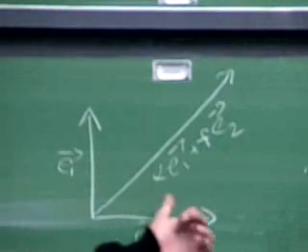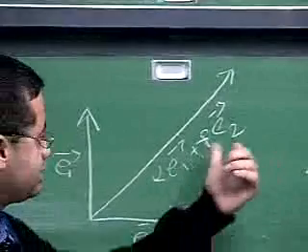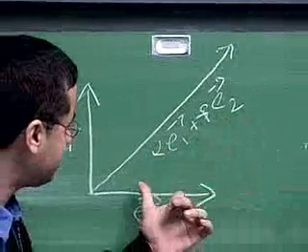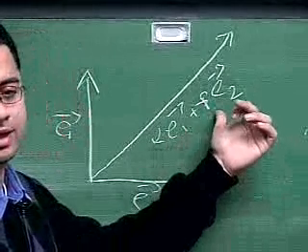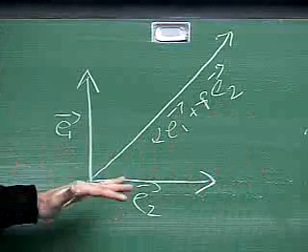If you take a dot product of this with E1, you recover alpha back, because E1 dot product E2 gives you 0. If you take a dot product of E2 with this, you get beta back. You assume these are unit vectors.